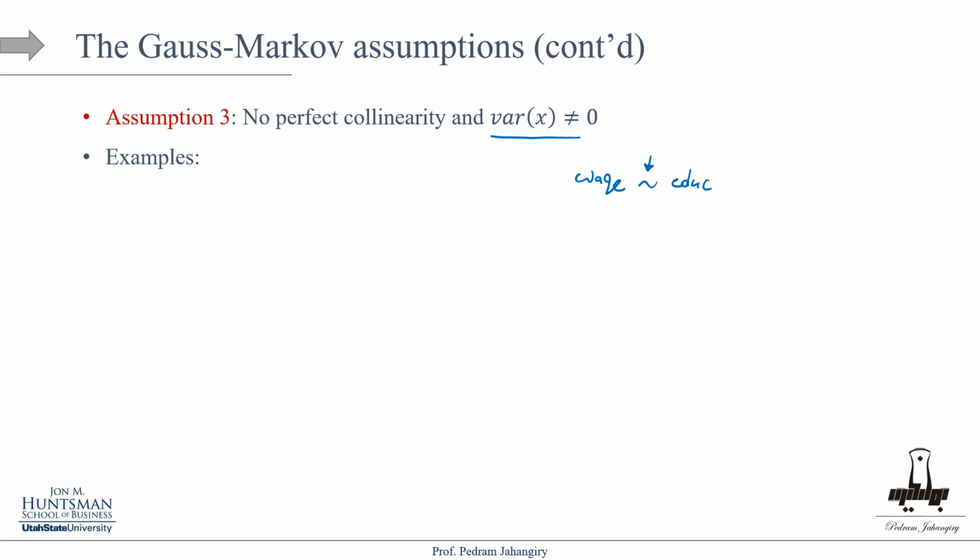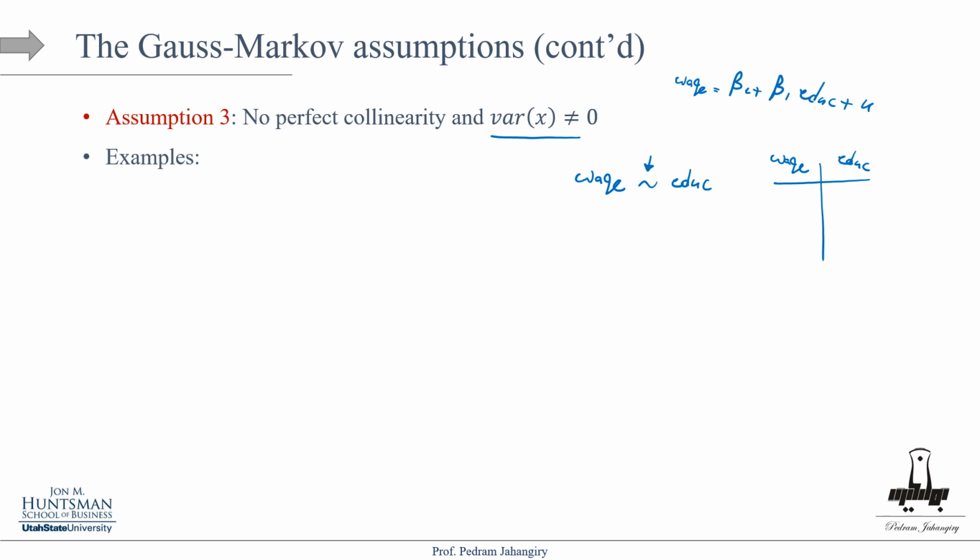Imagine that's the case, and for whatever reason, in your data you are only collecting information on a cohort of bachelor students, and imagine this is the only variable you're investigating. So wage is equal to beta 0 plus beta 1 education, and that's it.